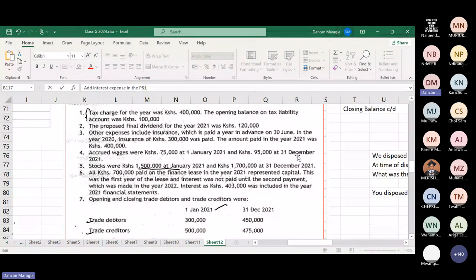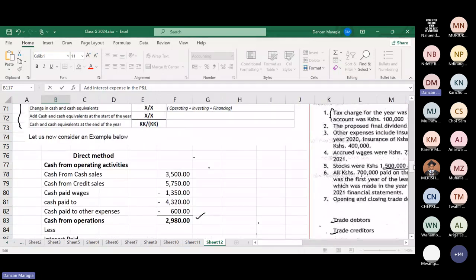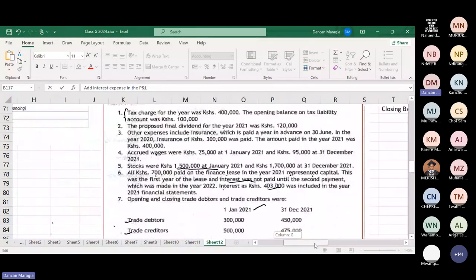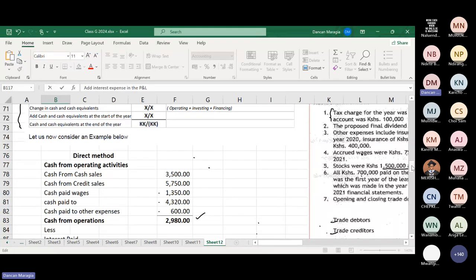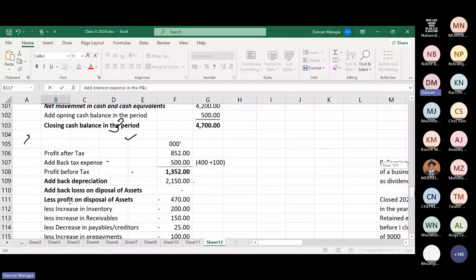There is, you are told, all the 700,000 paid on the finance lease in the year represented capital. This was the first year of the lease and interest was not paid. There was no interest paid until the second year. However, interest of Kenya shillings 403,000 was included in the year 2021 financial statements. So it means there was interest expense included in the financial statements, which is the P&L, of 403,000. So you add interest expense of 403,000.